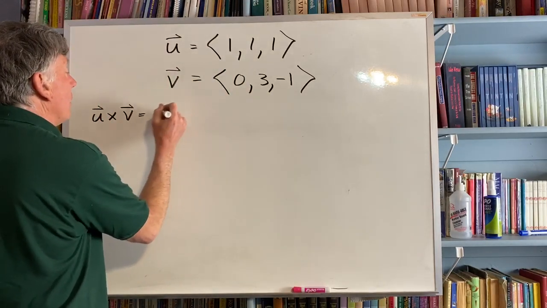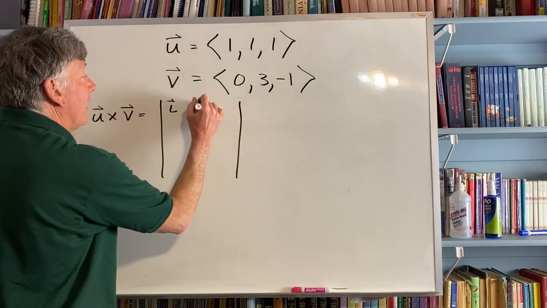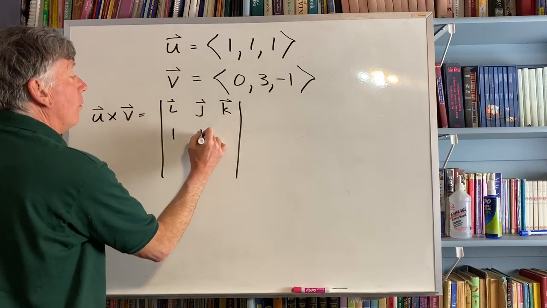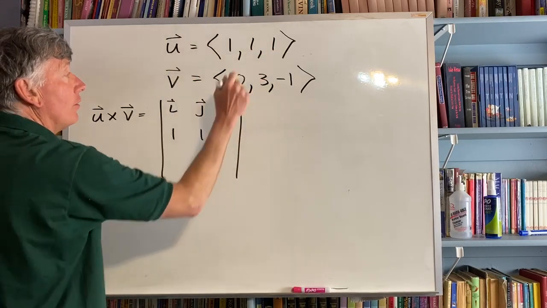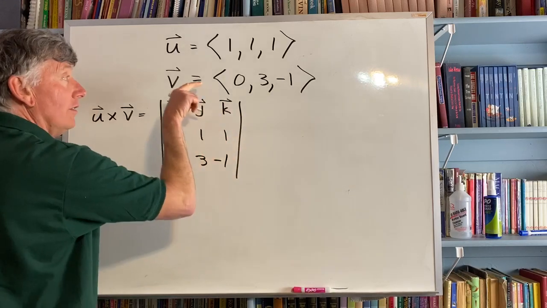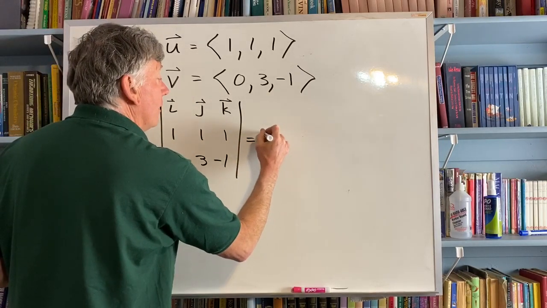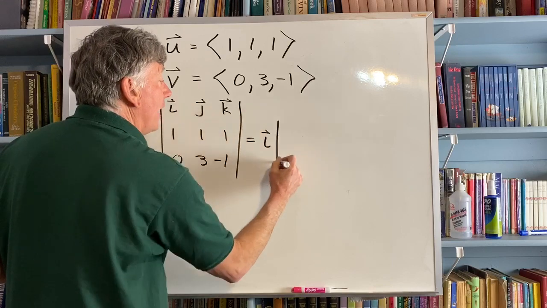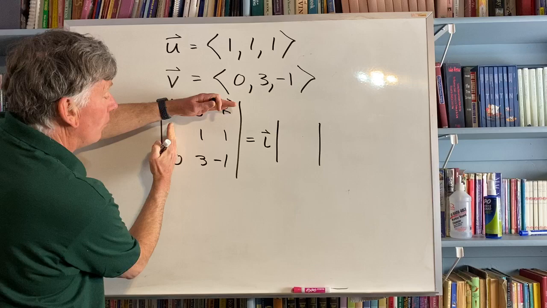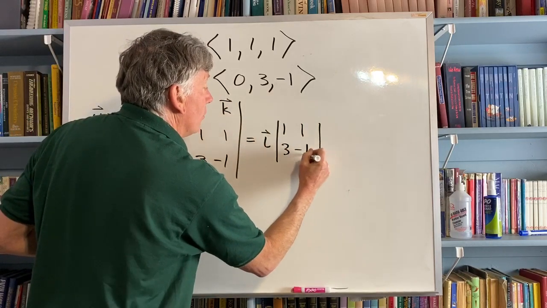u cross v then is going to equal, and I'm going to draw my determinant, i, j, k, 1, 1, 1, just reading right across, 0, 3, minus 1, just reading right across. That's going to equal the unit vector i times the determinant of what's not in the column: 1, 1, 3, minus 1.